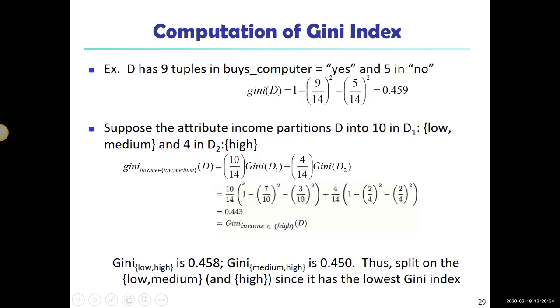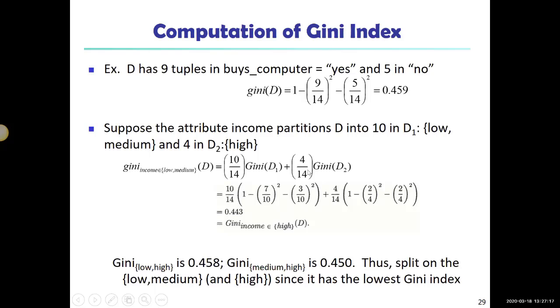So this gives us this result. I think we have 4 highs. So here, this 10 covers all the low and medium, and this has high. So low and medium goes here and high goes here.